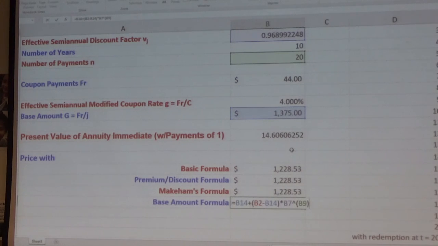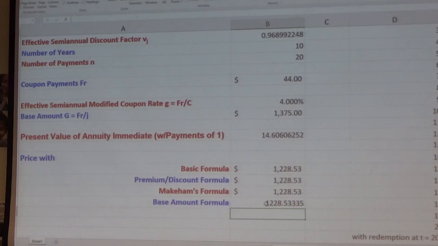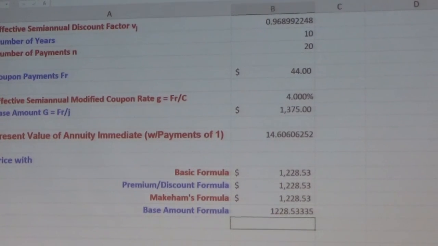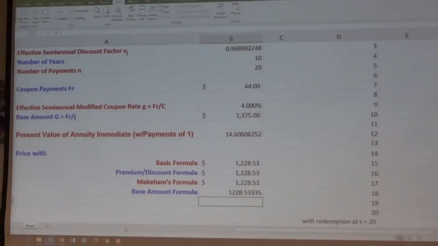Watch this again if that went too fast for you. Yep, we got the same thing, and now lots of decimals back there again. Okay? So I confirmed that all the formulas give you the same thing. You should try it with your calculator as well.